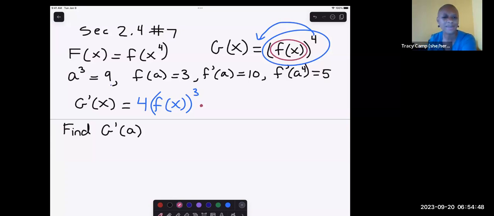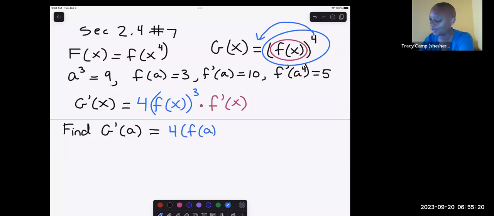So we multiply by the derivative of that f of x that was there instead of just an x, and the derivative of f of x is f prime of x. From here, we replace everything with a's.